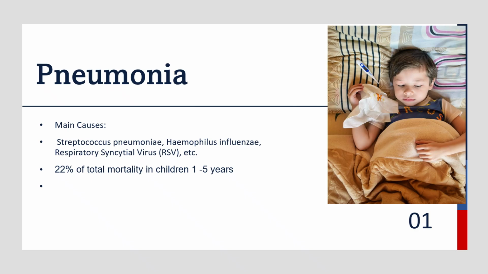Okay, so the main causes of pneumonia are strep and Haemophilus influenzae. Respiratory syncytial virus is also one of the causes. 22% of total mortality in children is because of pneumonia. So it's very important that you should know how to manage pneumonia.